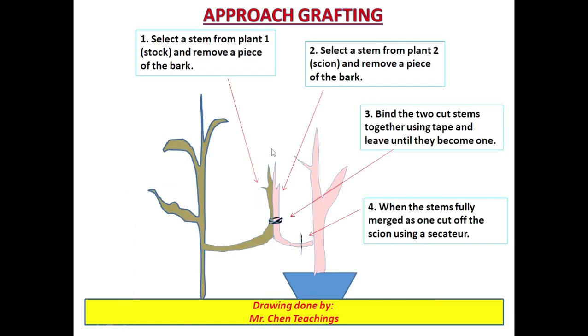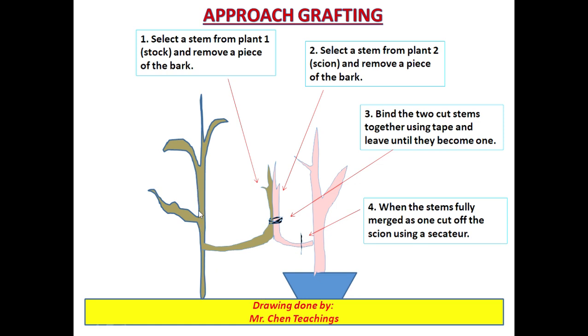Alright, the approach grafting is the last method of grafting. Of course, 1, you would select a stem from a plant and remove a piece of the bark. So, alright, this plant here that is in the soil, say for example, this is your rootstock. This is your Blackie mango tree. Alright. Now you want the Julie mango tree onto this Blackie mango tree.